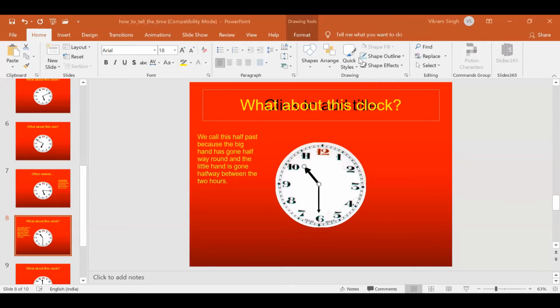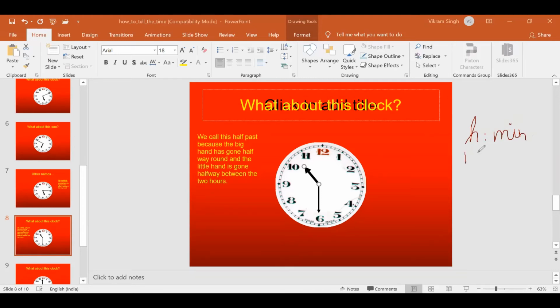Now, how do we write the time? Everyone, please watch out here. First, we write down hour and then we write down minutes. This is the first way to write down the time. Hour means the shorthand. The shorthand is between 10 and 11.